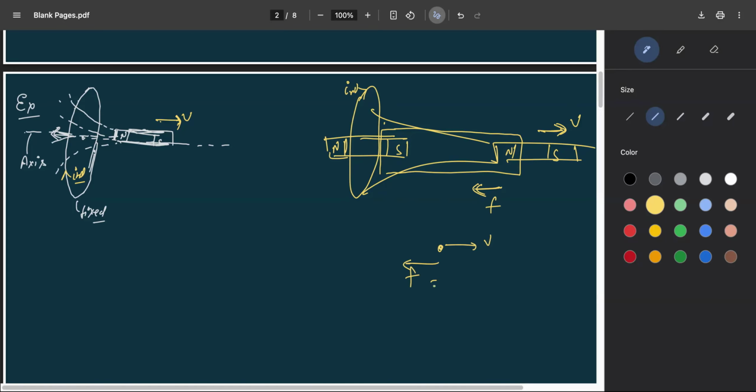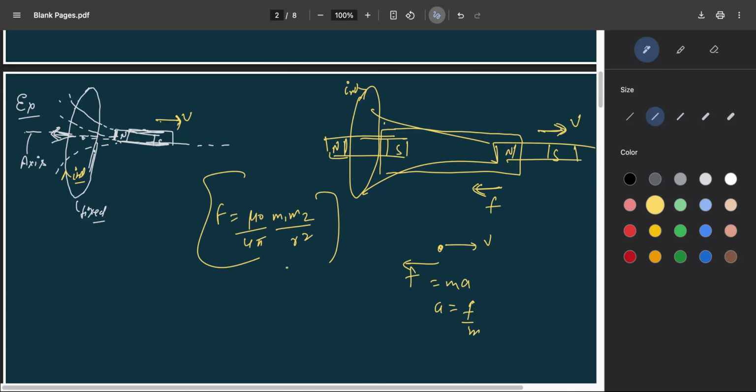What is the force? Mass into acceleration, right? From here you can get acceleration is F by m, whatever the net force between the magnets comes out to be. You also know that the force between two magnets is F equals what? Basically you can simply say mu naught by 4 pi, two poles, m1 m2 divided by r squared.